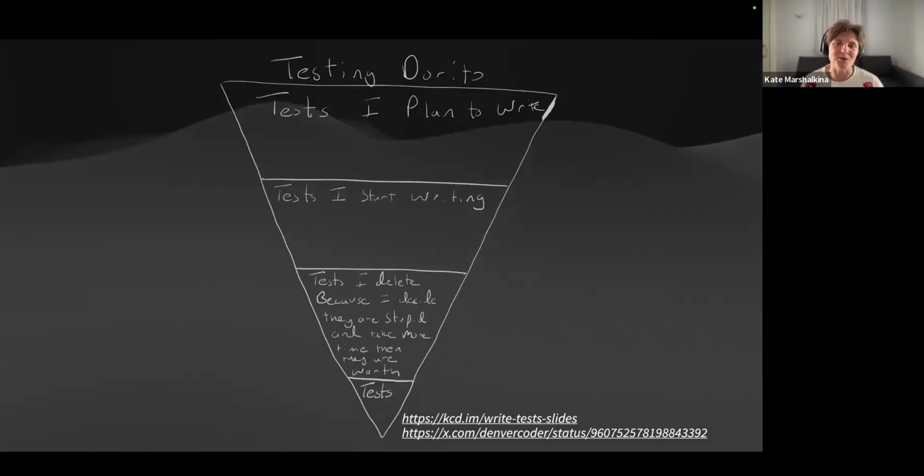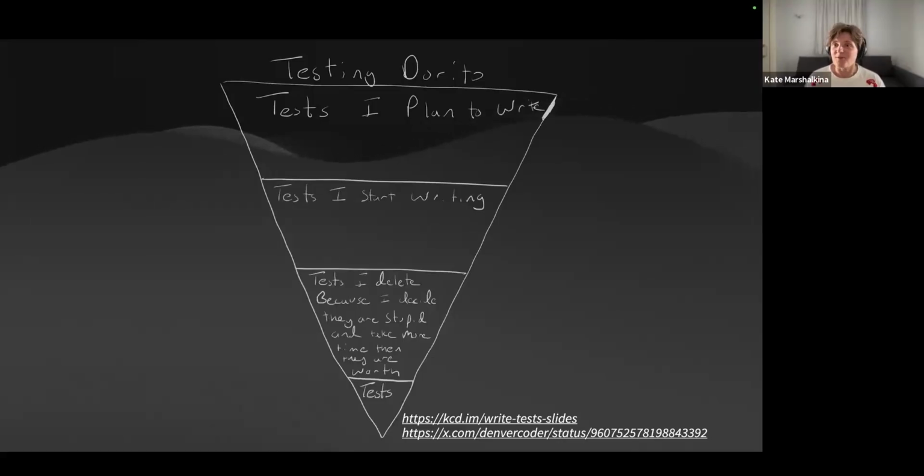Let me read it for you from top to bottom. Tests I plan to write, tests I start writing, tests I delete because I decide they're stupid and take more time than they're worth, and finally, tests. And yeah, it may look funny, but it's a good reminder that theory and practice don't always have a perfect match.